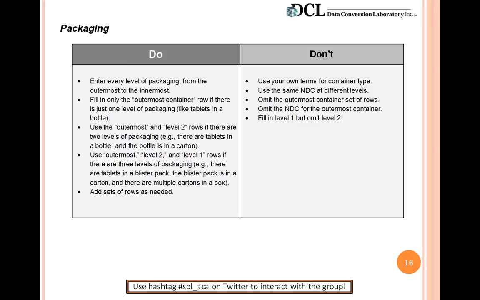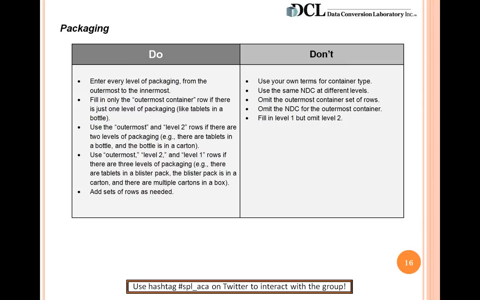Okay, in terms of the packaging, you should enter every level of packaging from the outermost to the innermost. In our worksheet, you fill in the outermost container if there's just one. Fill in only the outermost container if there's just one level of packaging. If we have our tablets in a bottle, just where we ask for the outermost container, that's where it goes.